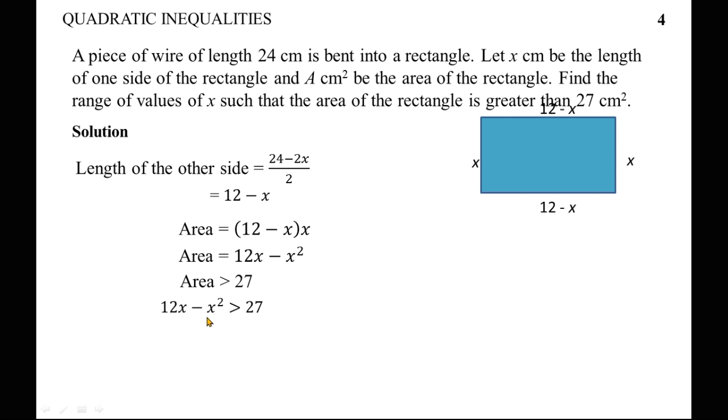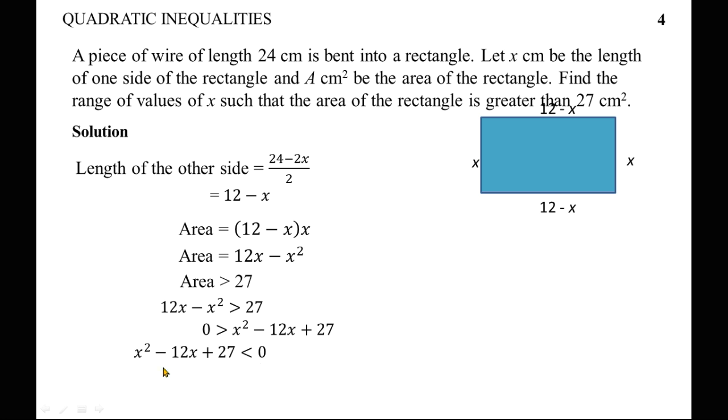Because we see the term x², it means that we are dealing with a quadratic inequality. By rearranging this inequality, we obtain 0 larger than x² minus 12x plus 27, or in other words, x² minus 12x plus 27 is less than 0.